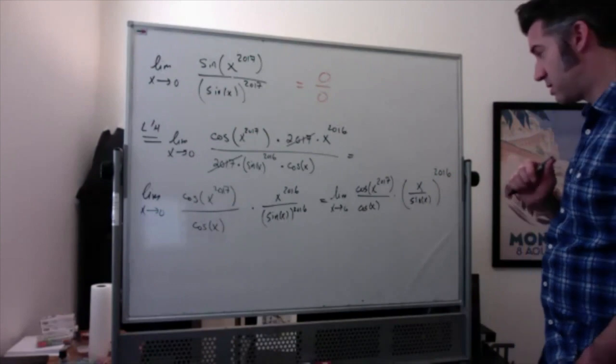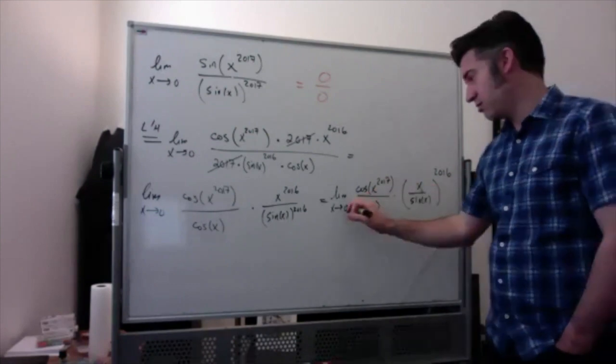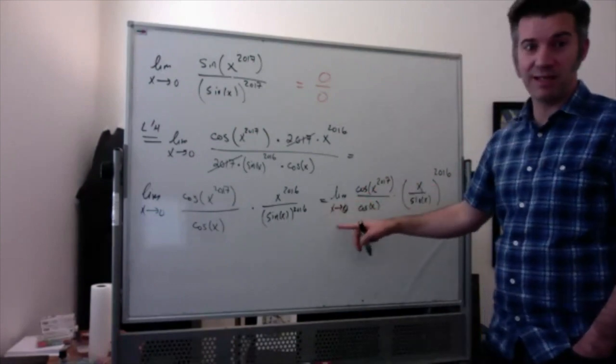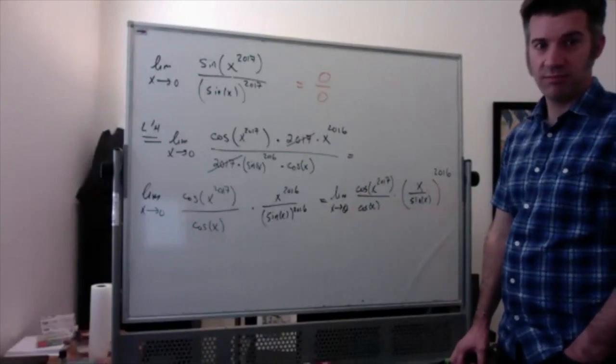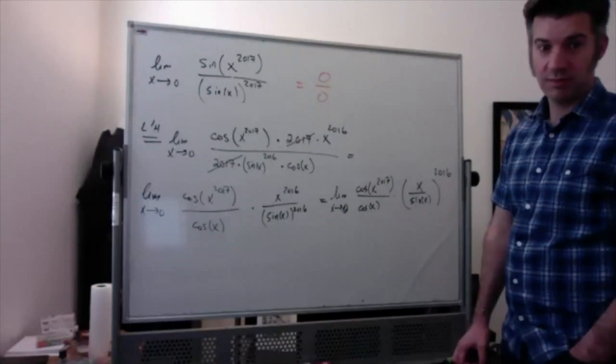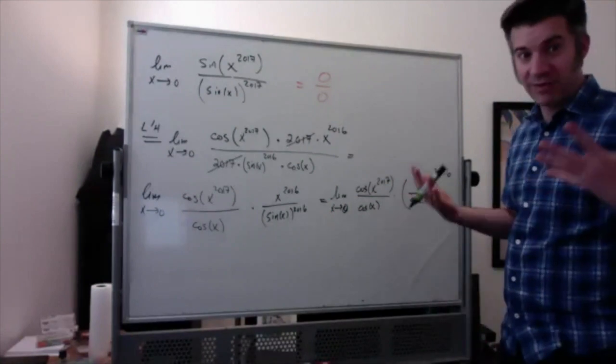All right, somebody should be able to tell me what's the limit as x goes to 0 of x over sine of x. 1. Right, it's 1.